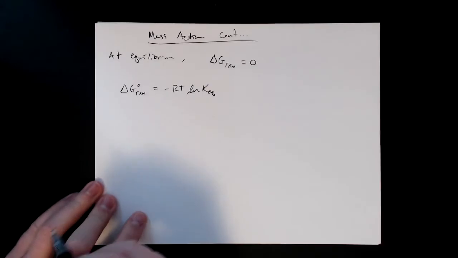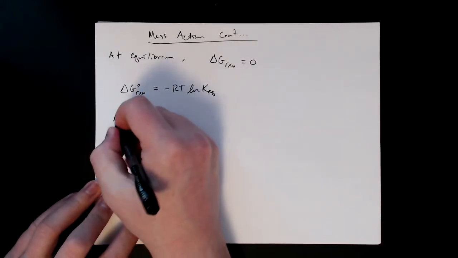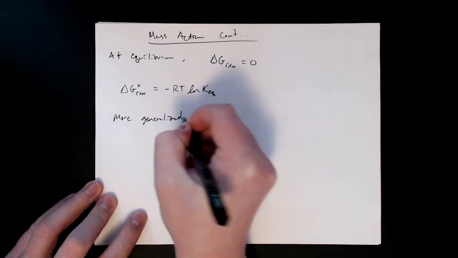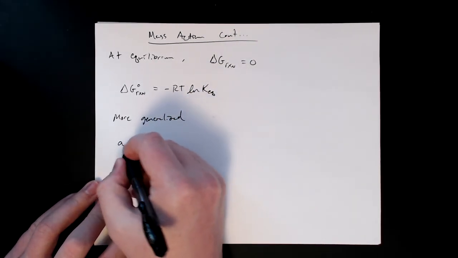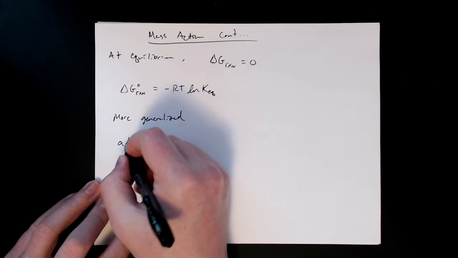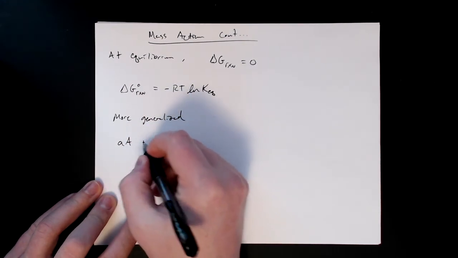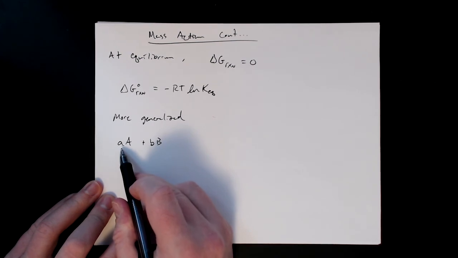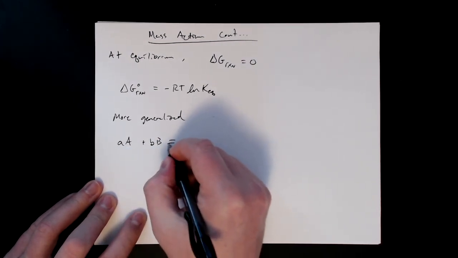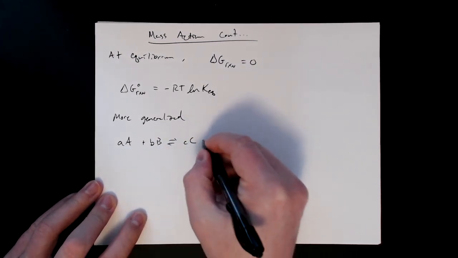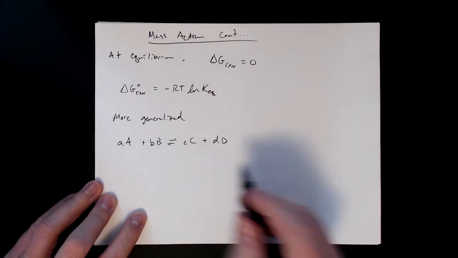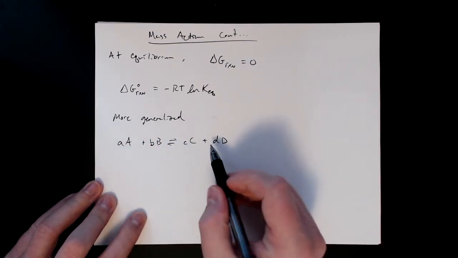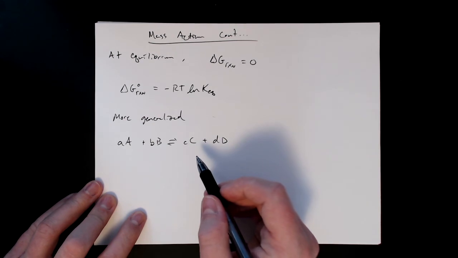Okay, so we did an example here for that generic formation of a ceramic, but let's make it even more generalized. So let's take a reaction of aA plus bB, with coefficients out front of lowercase a and b, and that goes to cC plus dD. So the coefficients out front are all the lowercase of the letters.